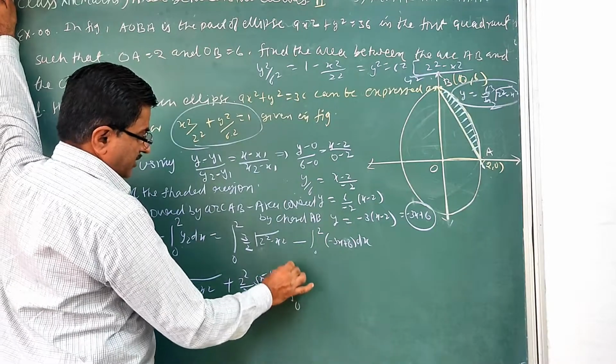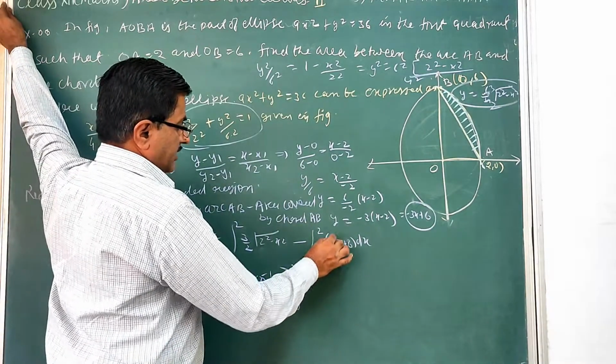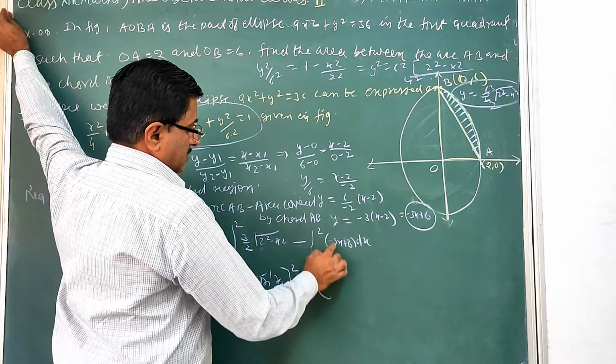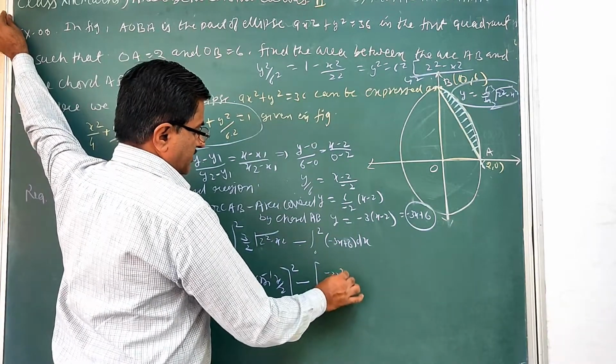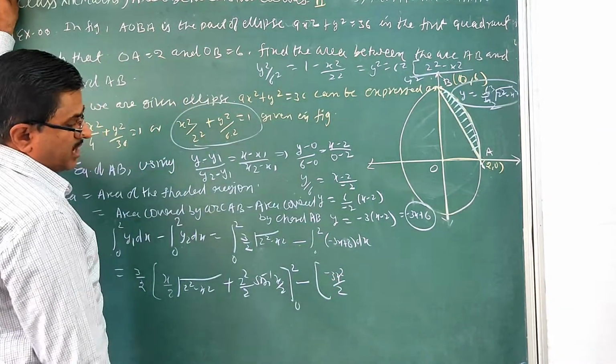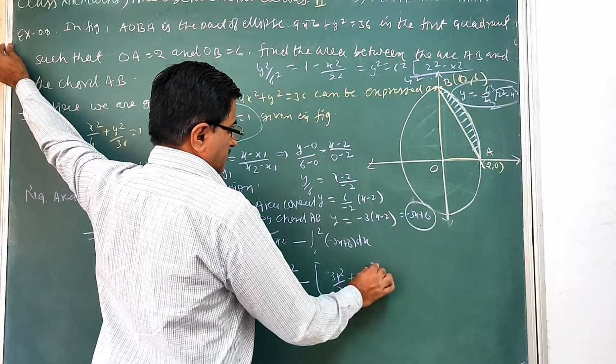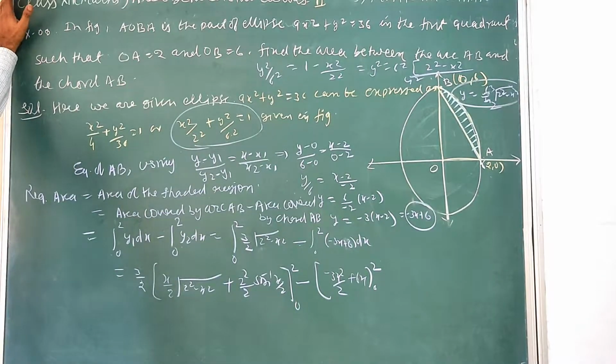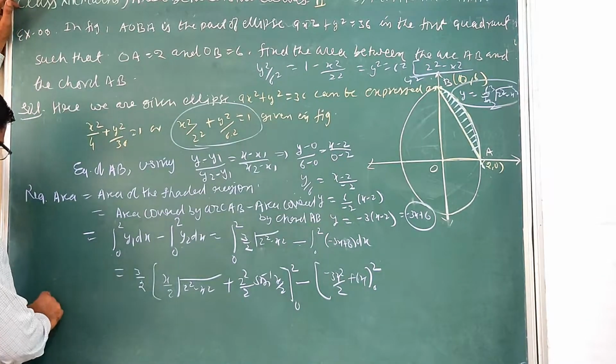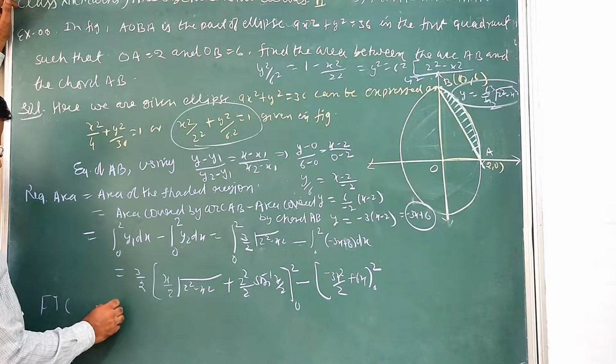This is for first integral. The second integral minus 3x. Integration will be minus 3x square by 2 integral of 6, that is plus from 0 to 2. Now we can use that is a fundamental theorem of calculus.